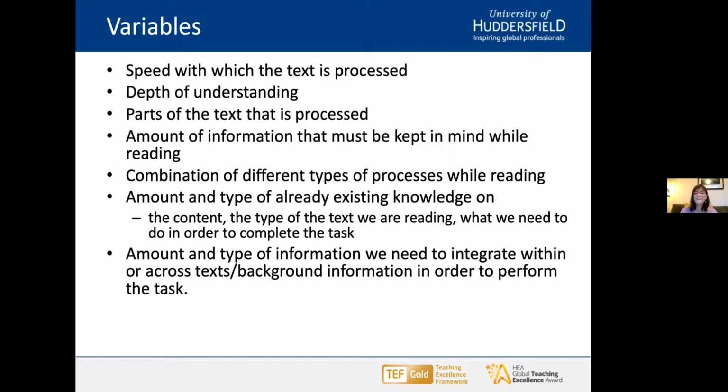Okay. Right, the amount and type of already existing knowledge on the content and type of the text we are reading, and what we need to do in order to complete the task. For example, this was very apparent in the first one, when you needed to understand what the text was about. You said that you read the first sentences.